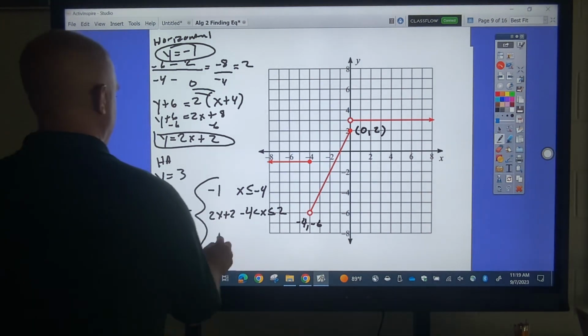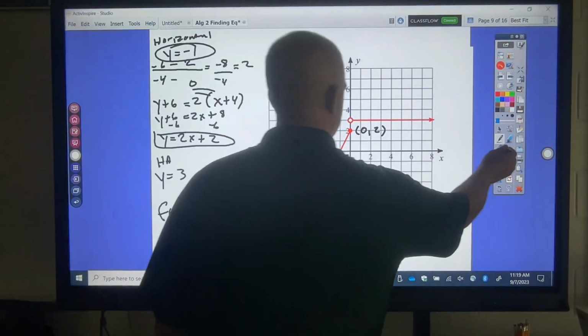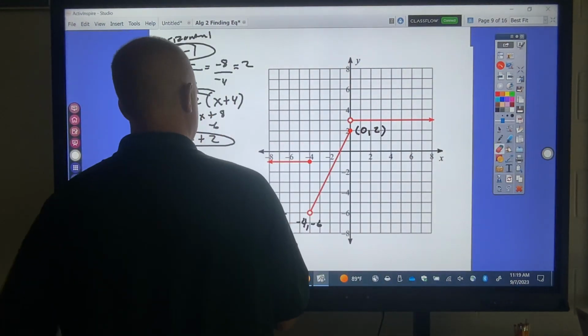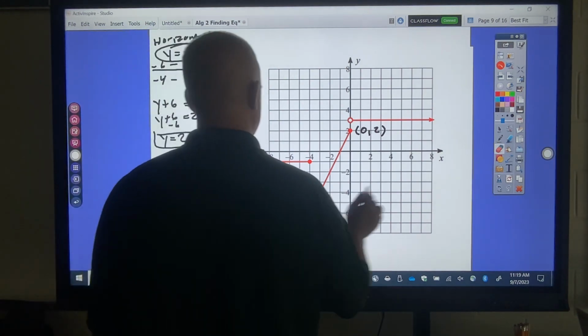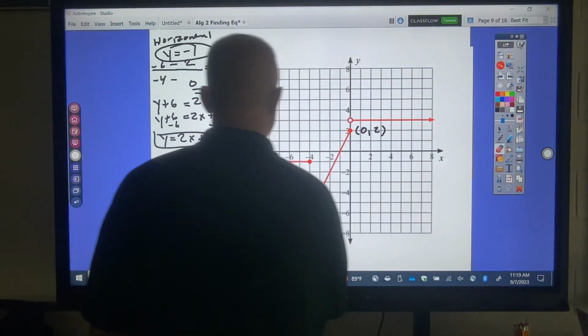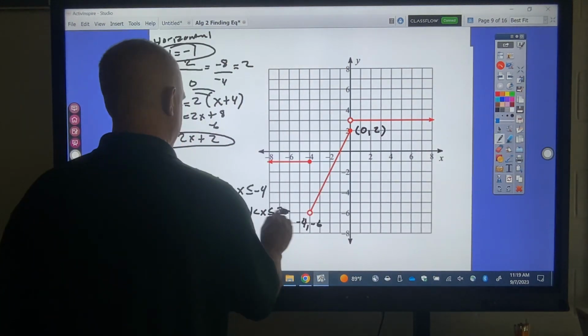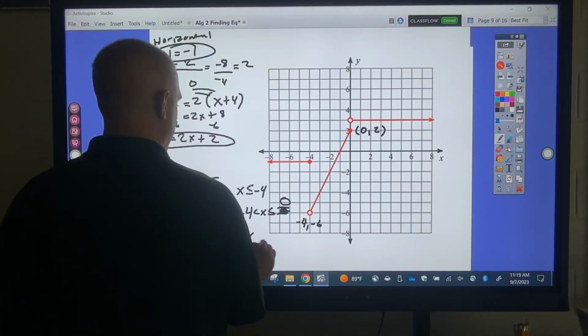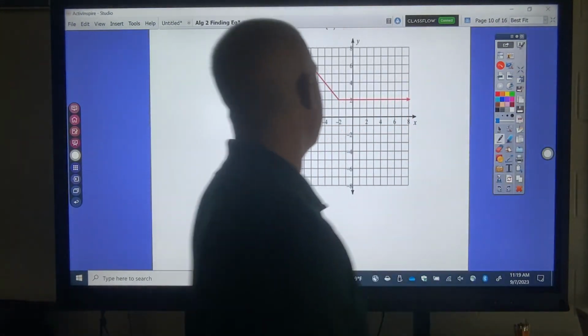And the last one is going to be 3, and that's going to be, oh, I'm sorry, not at 2, at 0. It's 0. This next one will be x is greater than 0. Okay? All right, I got one more.